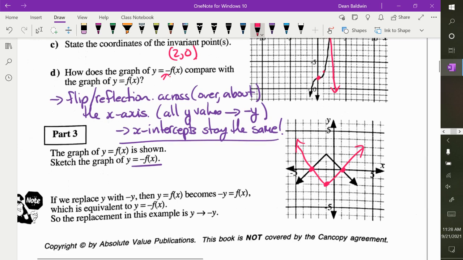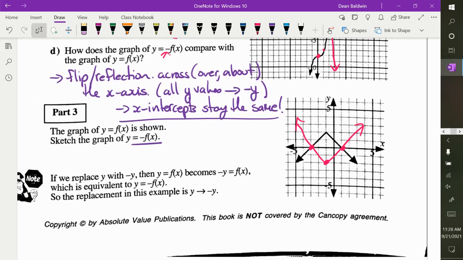Is that what we got? X-intercepts stay the same, so you just have to flip this point right here. Boom, and it opens up. That's it.